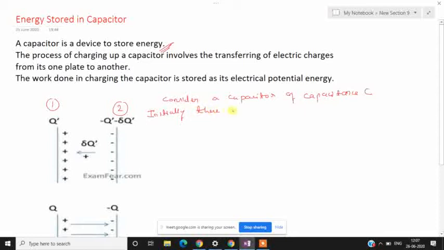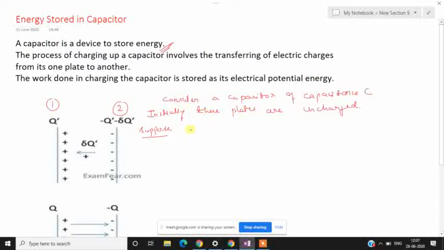Suppose a positive charge is transferred. Let me say that you are transferring, bit by bit, a positive charge from plate 2 to plate 1.